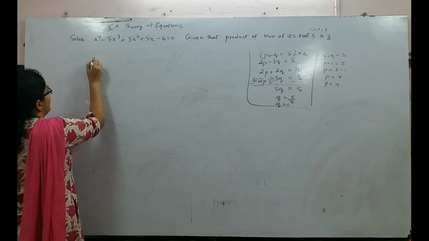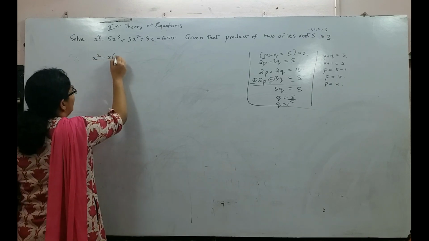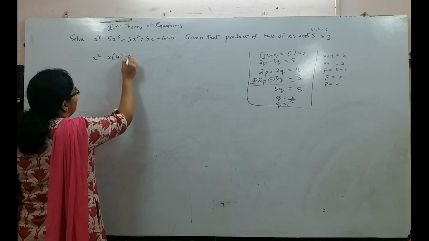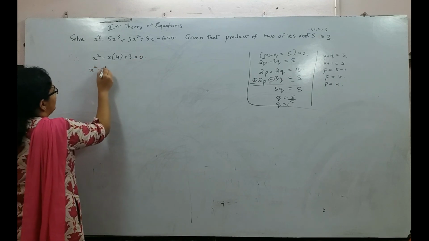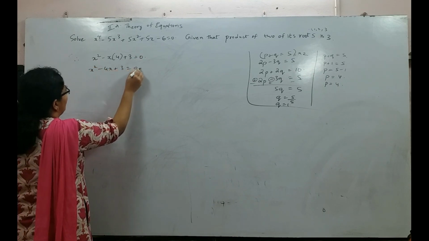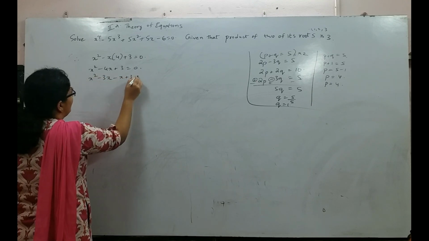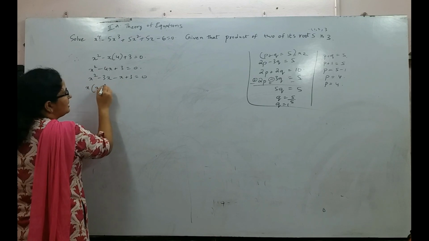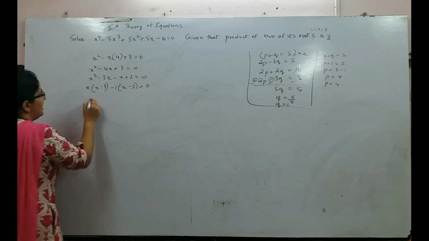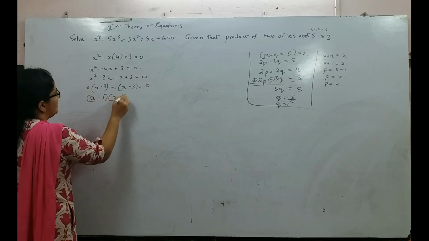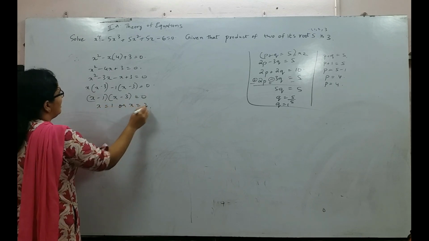Therefore, x square minus x into p, which is 4, plus 3 is equal to 0. x square minus 4x plus 3 is equal to 0. x square minus 3x minus x plus 3 is equal to 0. x into (x minus 3) minus 1 into (x minus 3) is equal to 0. (x minus 1) into (x minus 3) is equal to 0. x is equal to 1 or x is equal to 3.